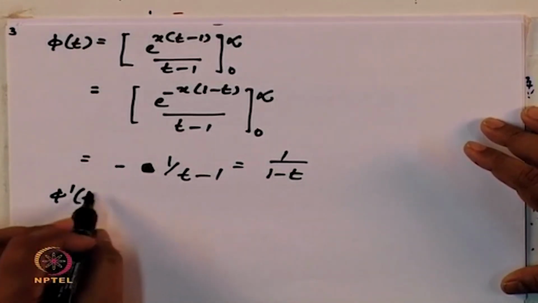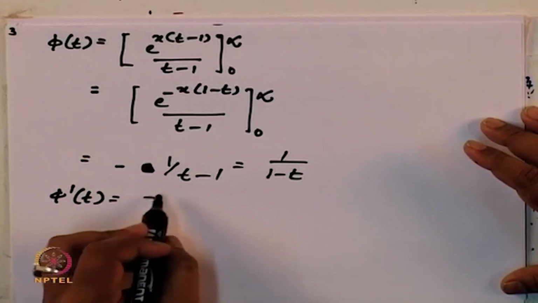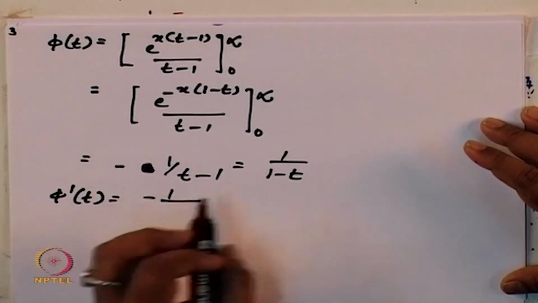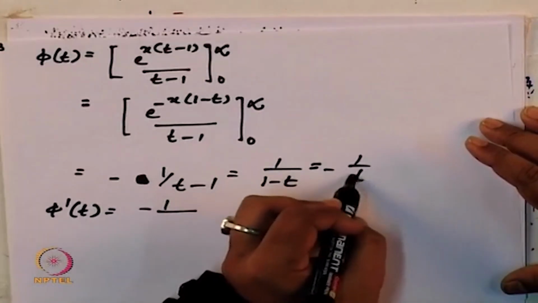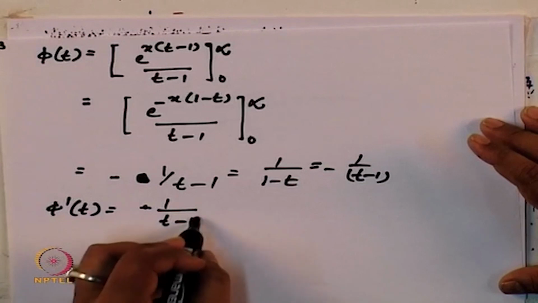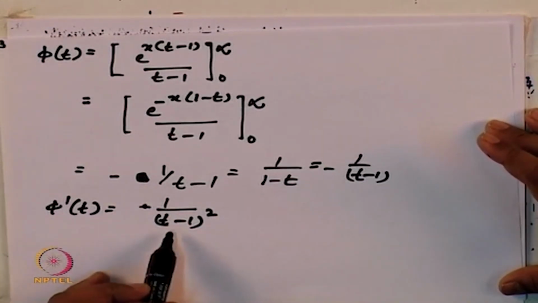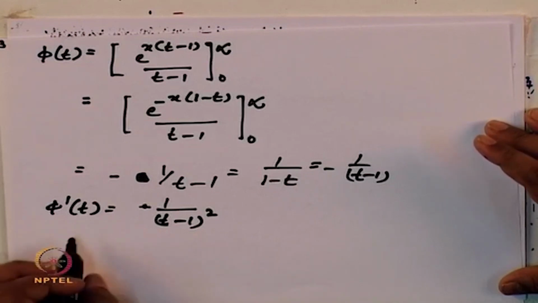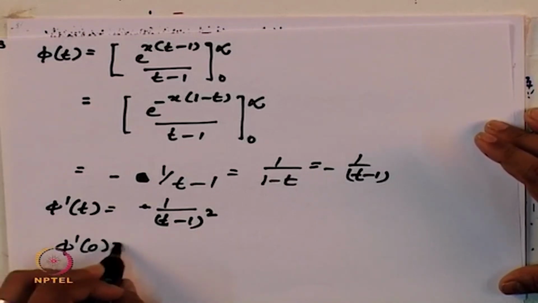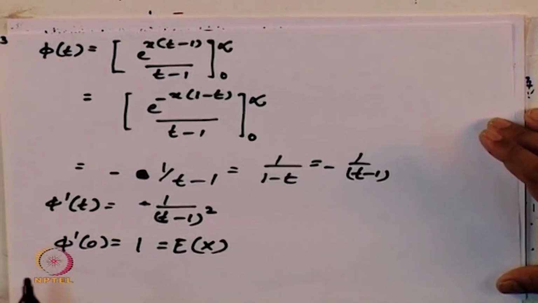What is phi prime of t? I can write it as minus 1 by t minus 1 whole square, okay. So phi prime of t is nothing but 1 by (t minus 1) whole square. So phi prime of 0 will give you 1, which is equal to the expectation of x.